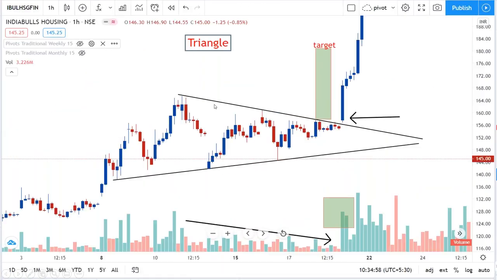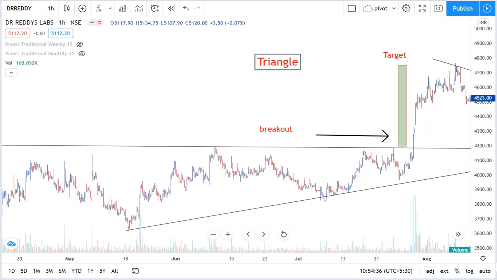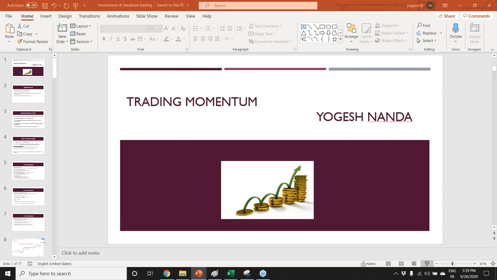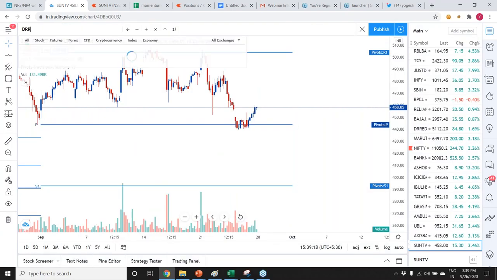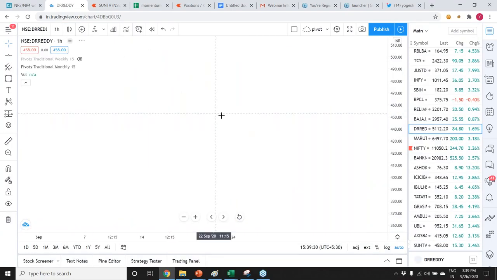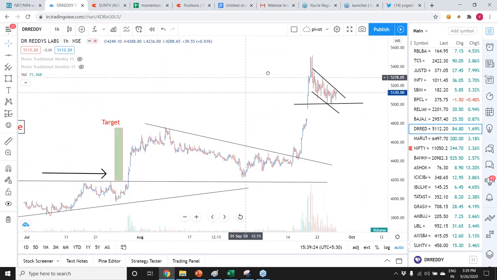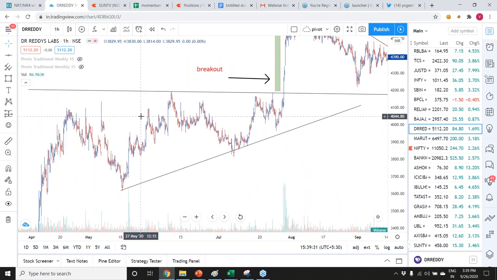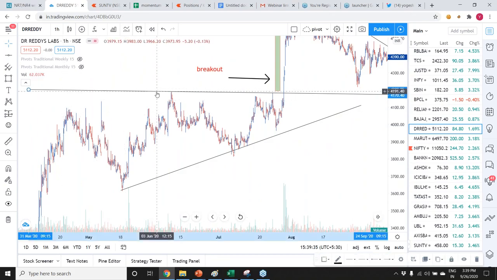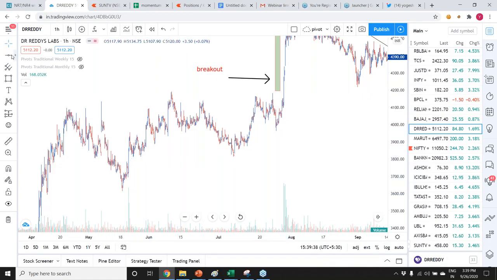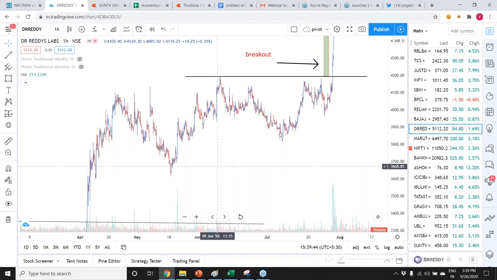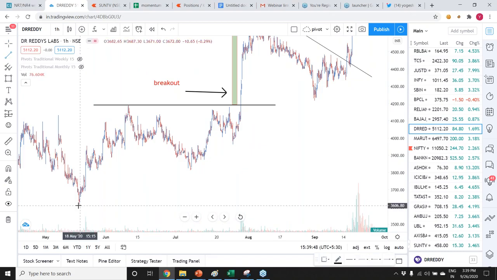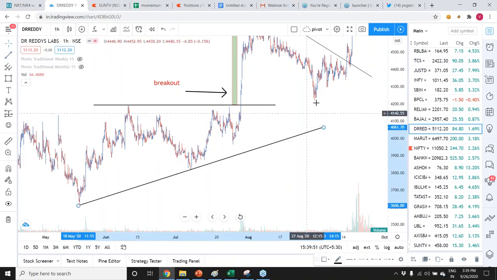Before moving further, I'll show you how we calculate the target. Here we can see a triangle. The target of a triangle is the height of the triangle.